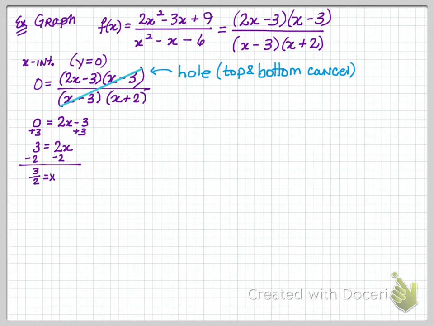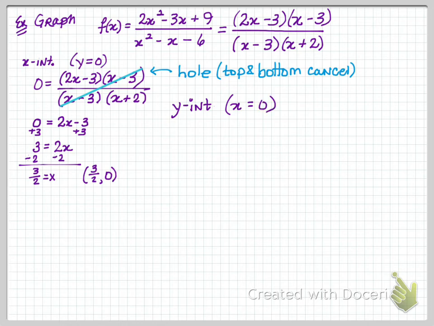If 3/2 equals x, we know that we have an x-intercept at (3/2, 0). So we have one point on our graph already. Now let's see what happens when we look for our y-intercept. That occurs when x equals 0.